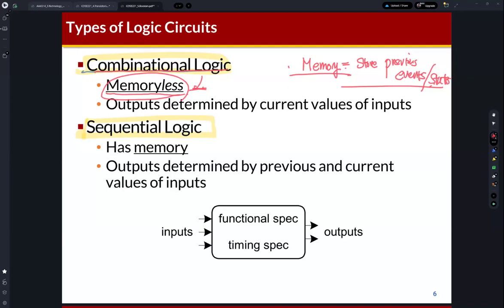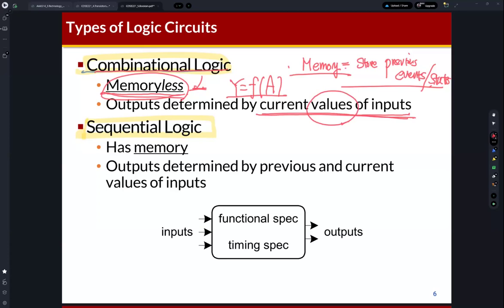Then what does memoryless mean? The previous events or previous states are not stored, okay? It means the output is just a function of the input. Current values of the output are just a function of current values of the input.